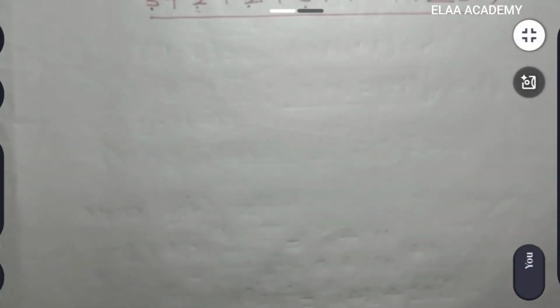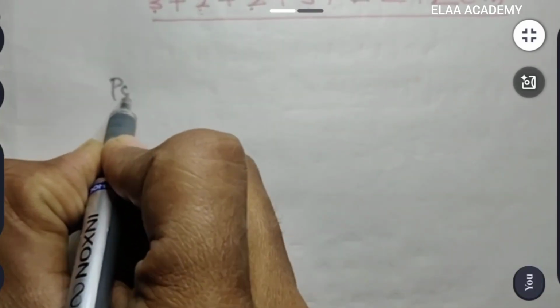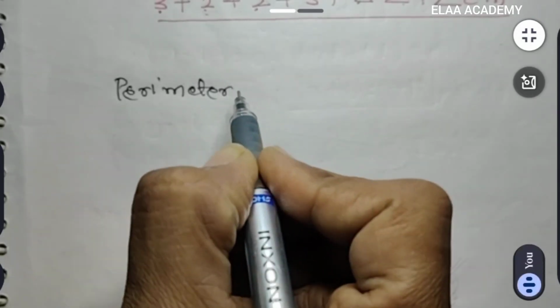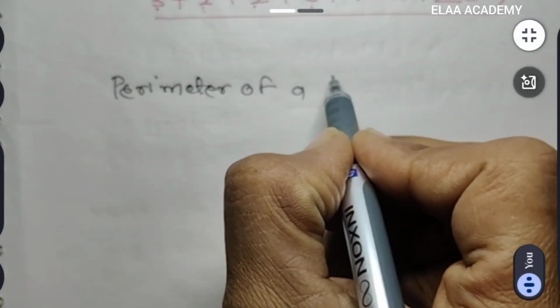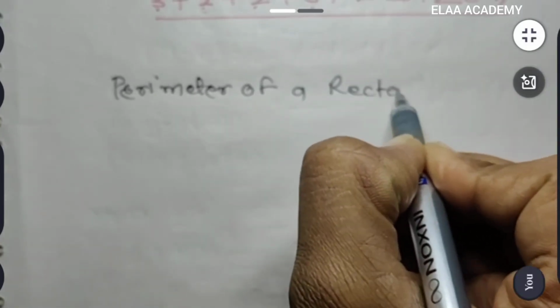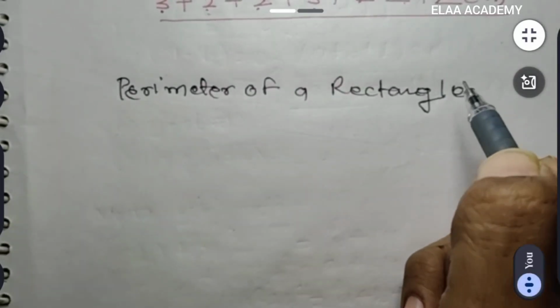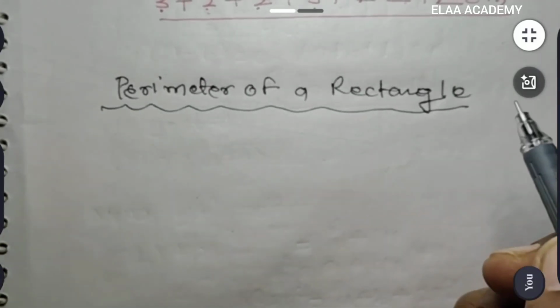that if we have to find the perimeter of a rectangle, okay, perimeter of a rectangle.